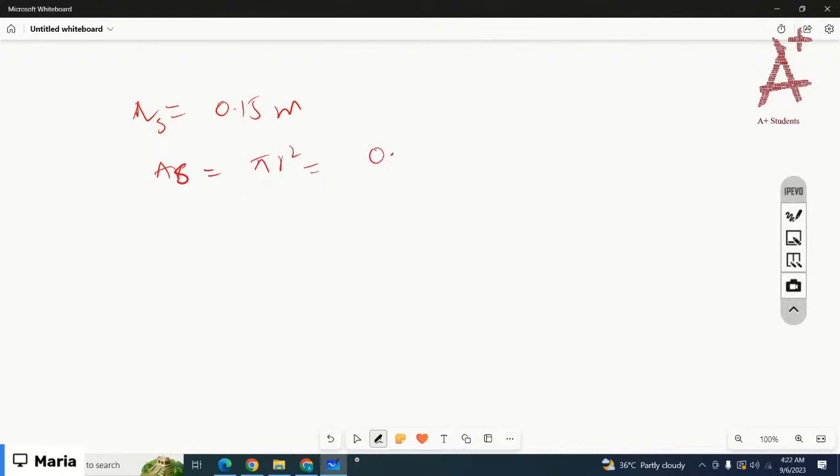So that is 0.15 square times 3.14. Let me calculate the value. It should be 0.0707. That is the area of the smallest circle.